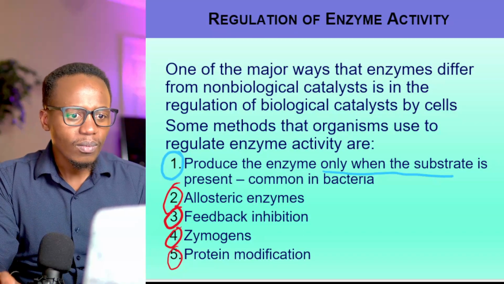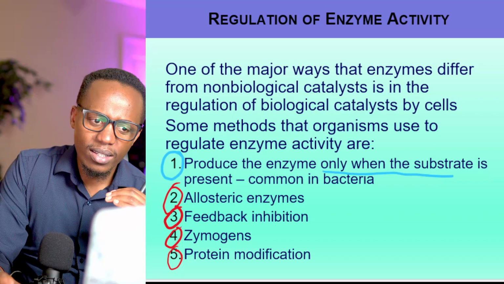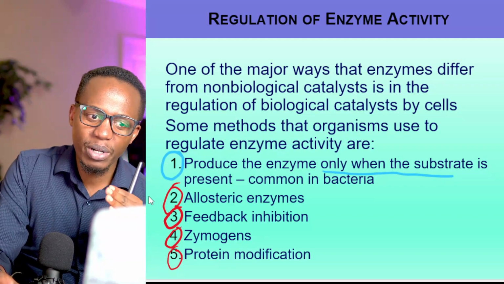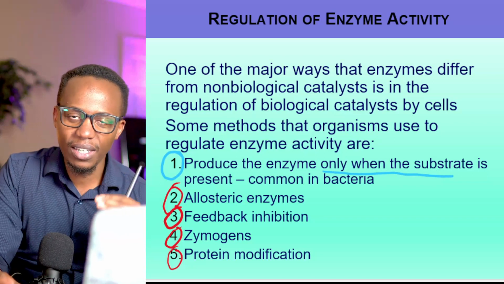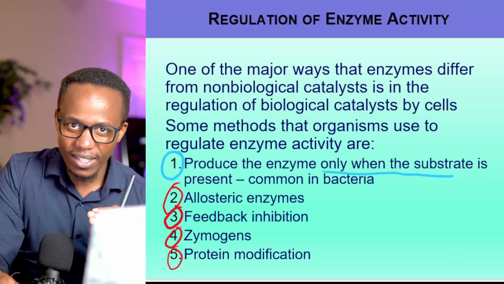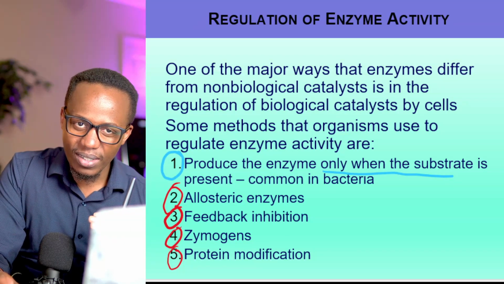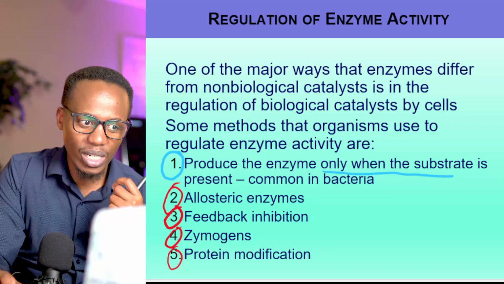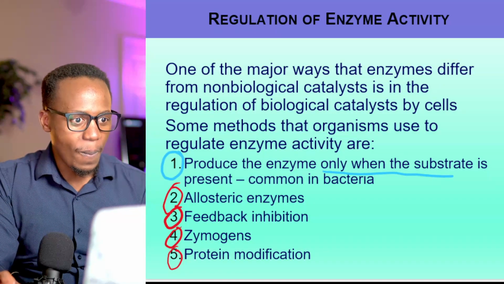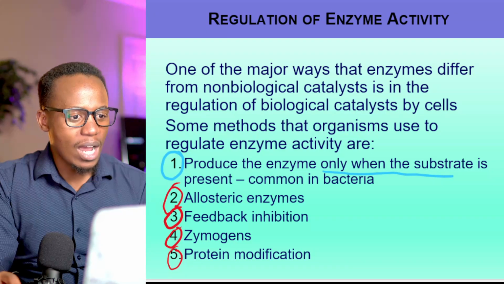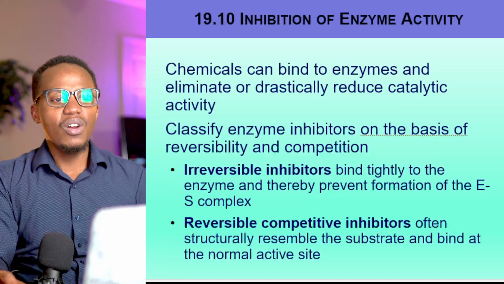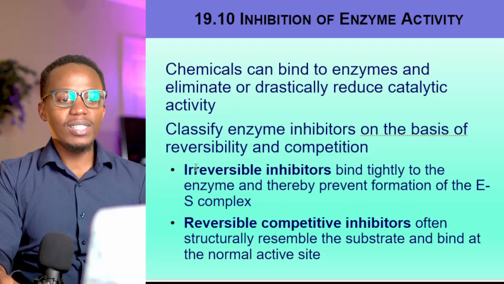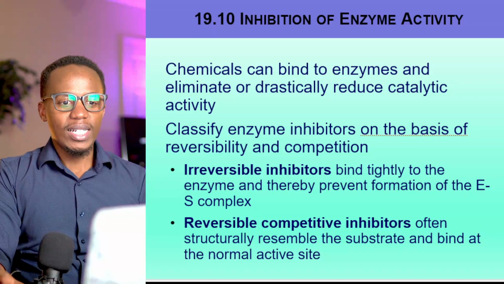Right. Now, another way that's not here because we're not talking about regulation, but another way to affect enzymatic activity is inhibitors, right? Inhibitors or inhibition. So how do we inhibit enzymes, and what type of inhibitors do we have? Well, we have irreversible inhibitors and reversible inhibitors, right?